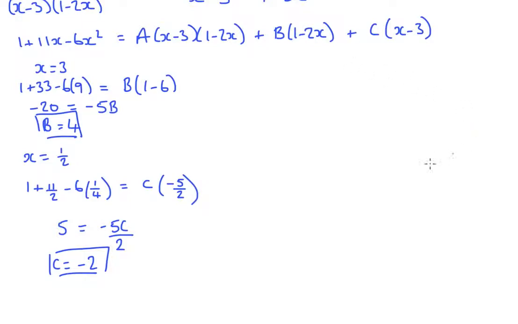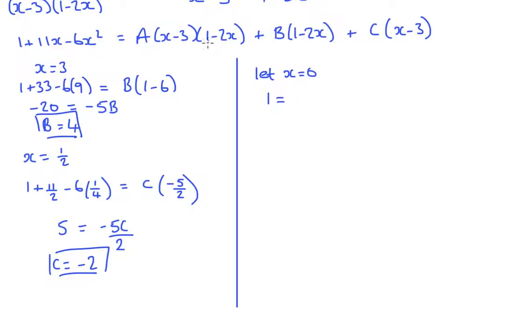And then finally, we need to work out the value of A. We know B and C now, so that's going to help us. And we just need to choose one more sensible value of x that we've not already chosen to make this reduce down. I'm going to let x equal 0. When it's 0, the left hand side is equal to 1.